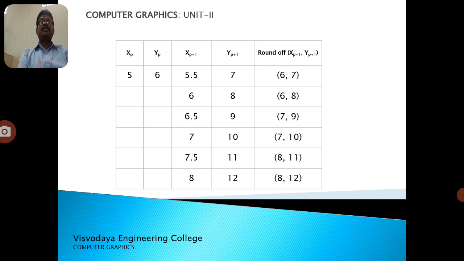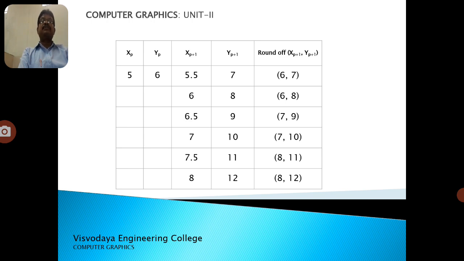Now we can consider the last coordinates, 8, 12. What this procedure does is start at the initial coordinates 5, 6, and reach up to the ending coordinates, given 8, 12. See here the number of coordinates are 1, 2, 3, 4, 5, 6.